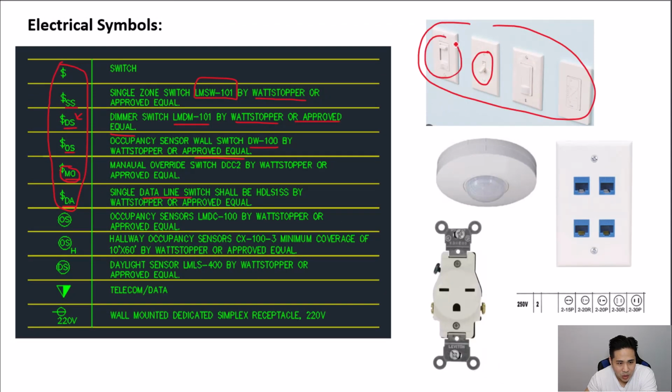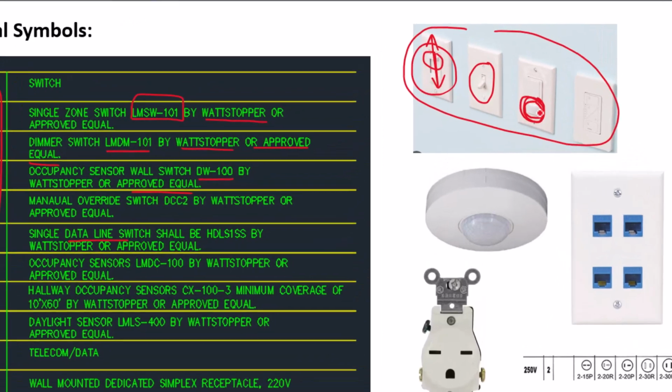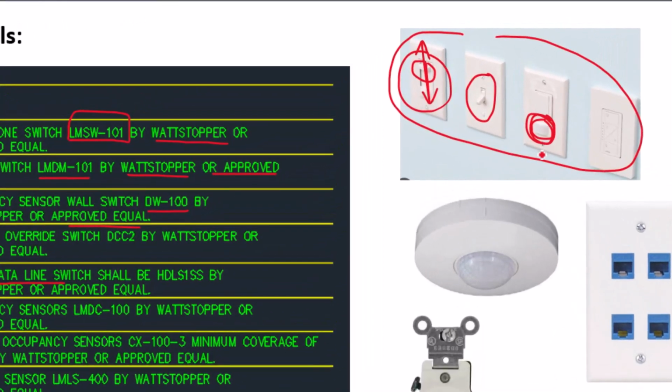This would be a dimmer switch where this would slide up and down to dim the lights. This is an occupancy sensor switch. You can see this right here senses the occupants, and if it senses one, it can automatically turn on the light. And when it doesn't sense an occupant for a certain preset time, the lights would shut off.